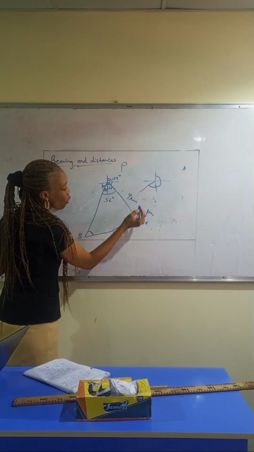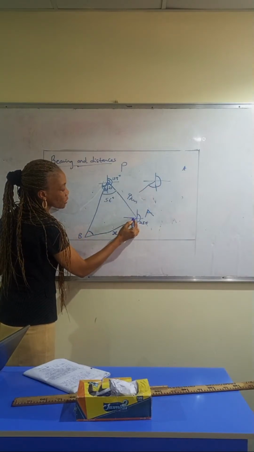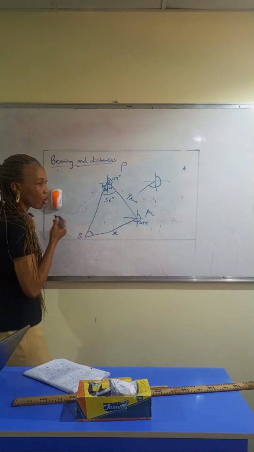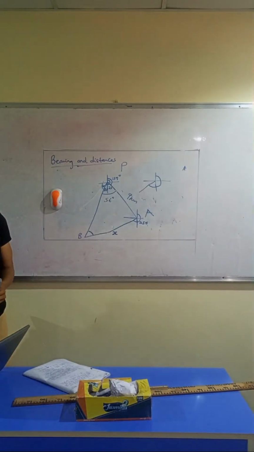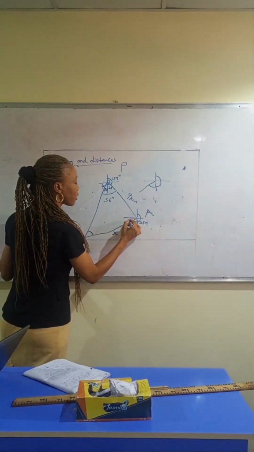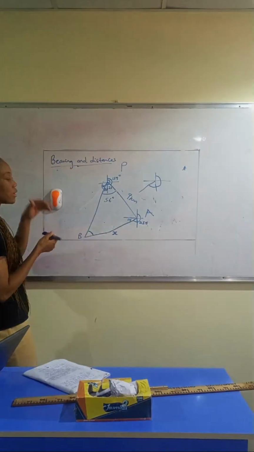So what's this small portion? We'll say 270, because from here to here is 90. 270 minus 256, so that we can get that small portion. That will give us 14.